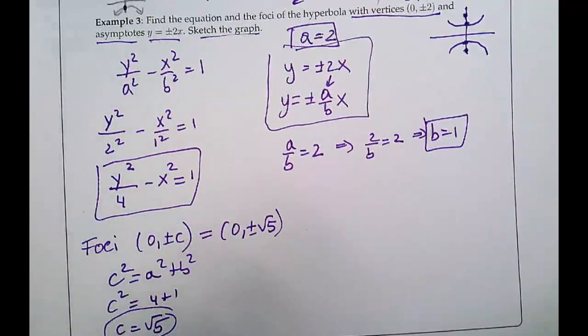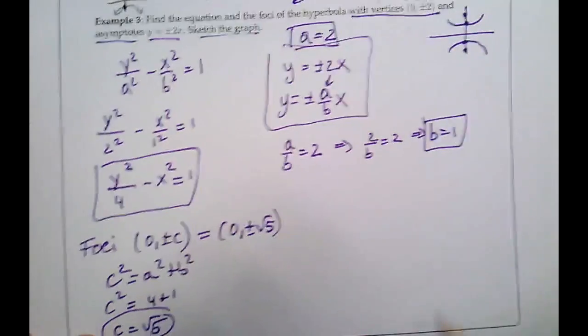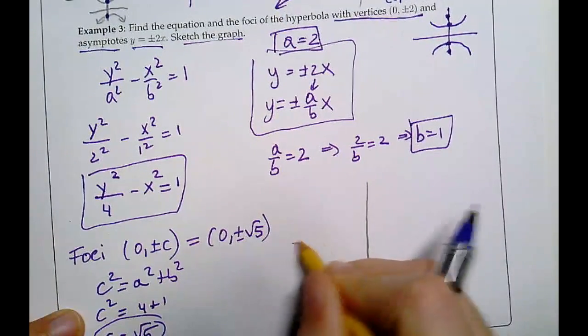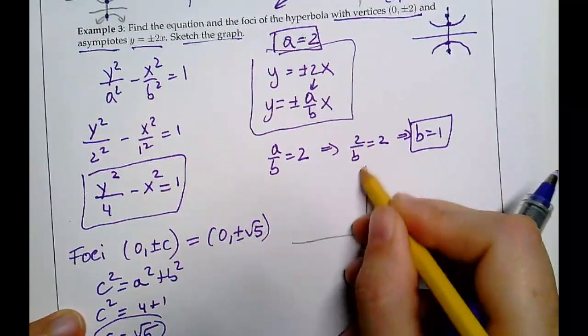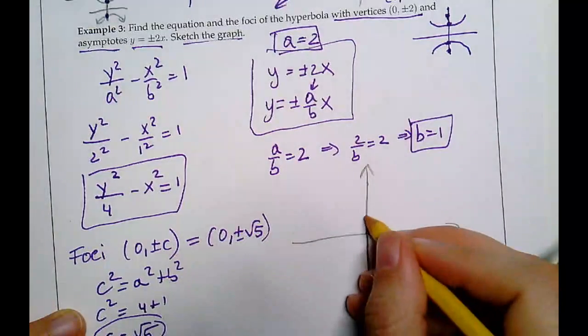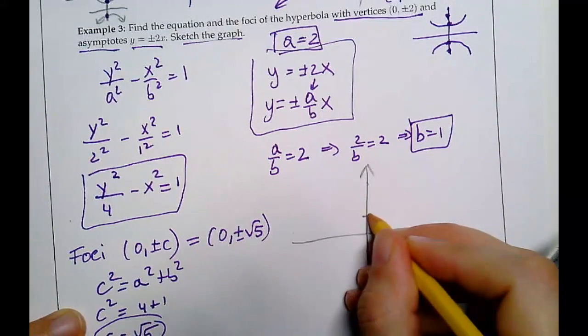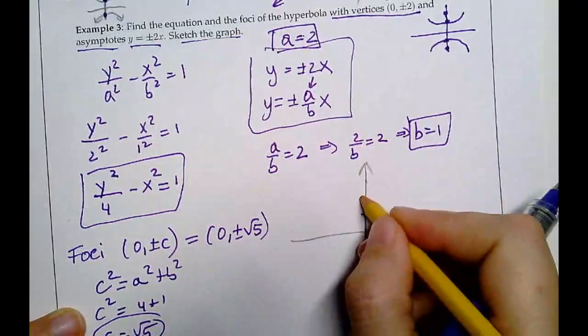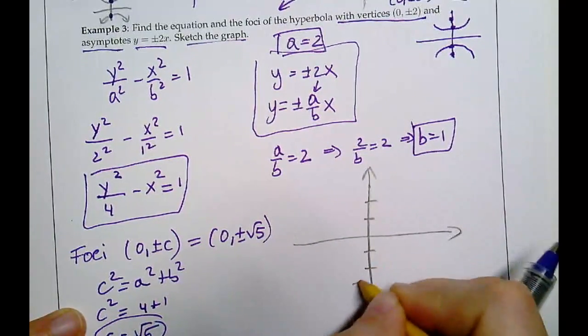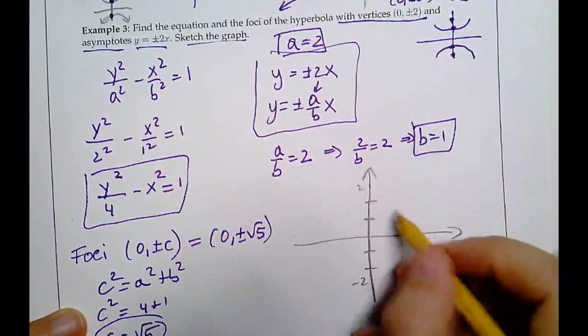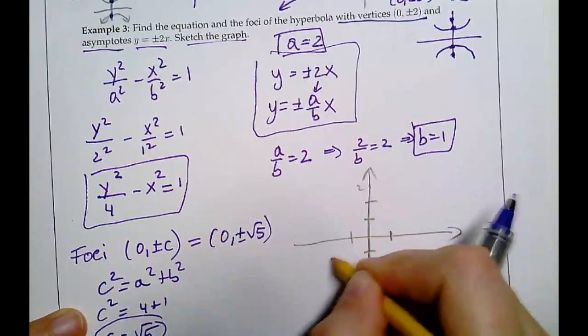So let's graph it and then we will be done. Alright, to graph, again the same deal. I'm going to start with the central box. So a is 2, so 2 and negative 2, and b is 1, so 1 and negative 1.